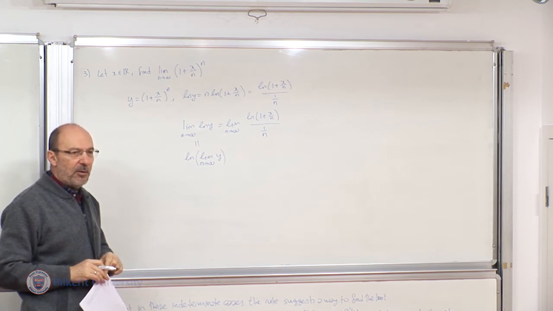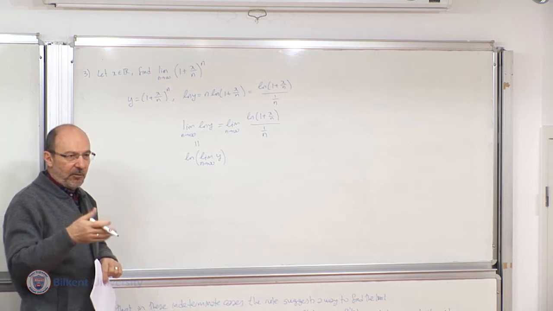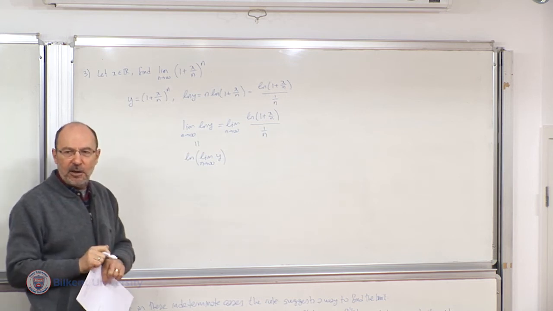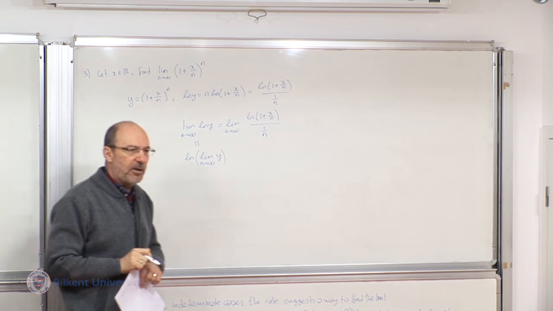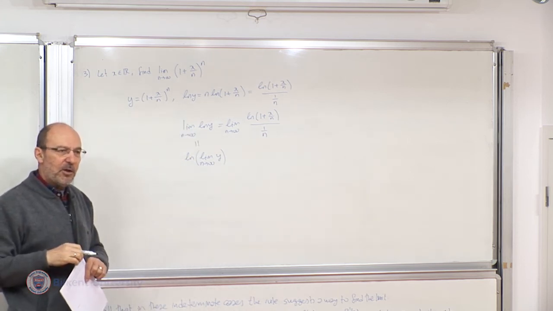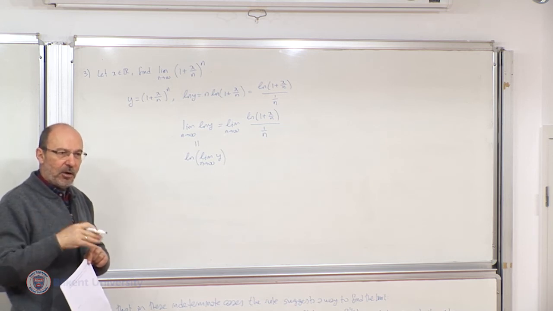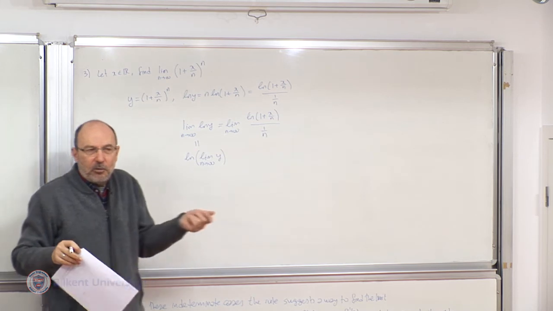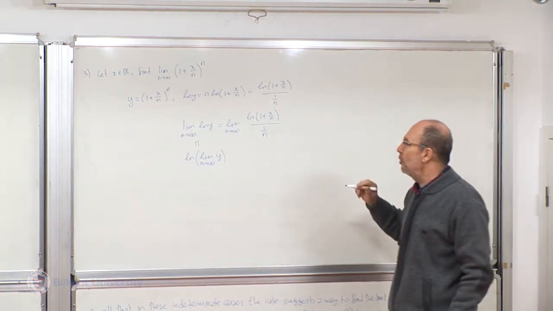If you are taking limit of a sequence as n goes to infinity, then if the function can make sense when you substitute x, a real parameter, instead of the integer, then the limits will be the same whether x as n goes to infinity or x goes to infinity. Okay, so that's obvious, but we had to mention it at least once so that now we use it here.